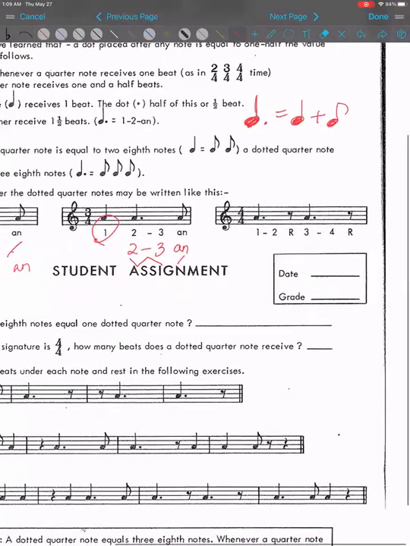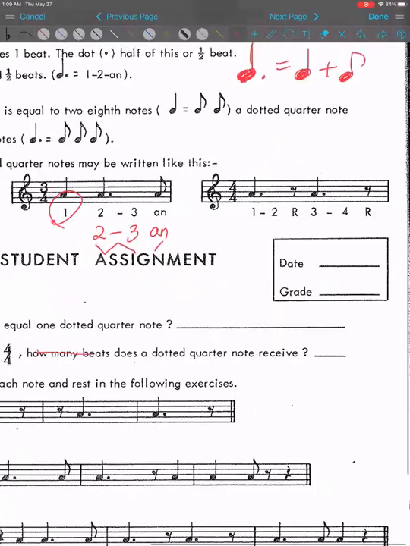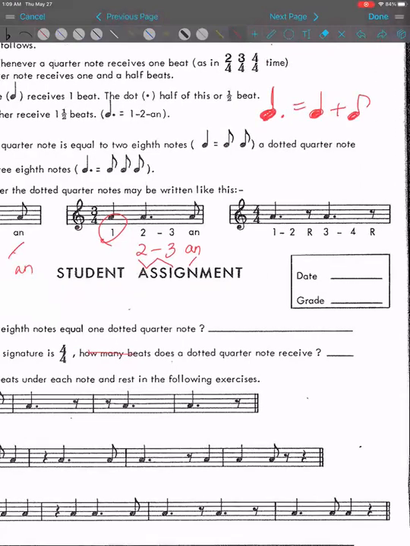The third one is including the rest. So it's 1 and 2 rest. Or you can think of it as 1 and 2 and. And then 3 and 4 rest.